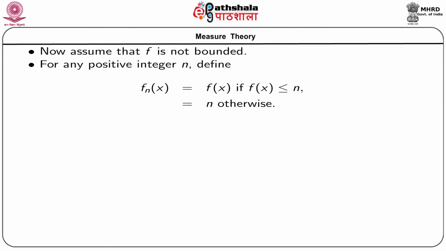So, as we have said earlier also, it is like cutting the graph of f by the horizontal line at the height of n. And we know that since f is measurable, this f n is also measurable, and further the function f n is bounded, since it is bounded by the natural number n.